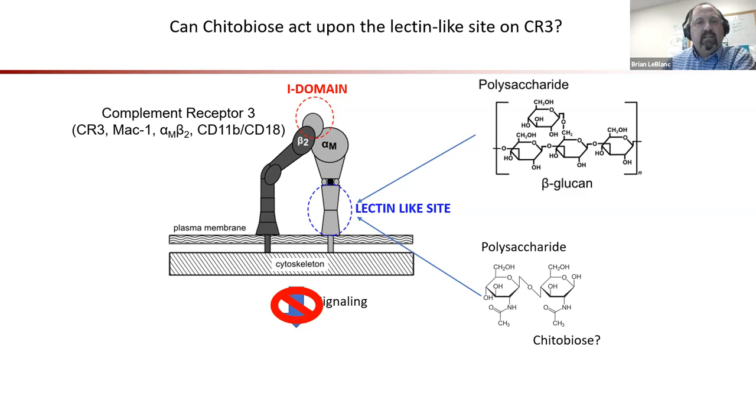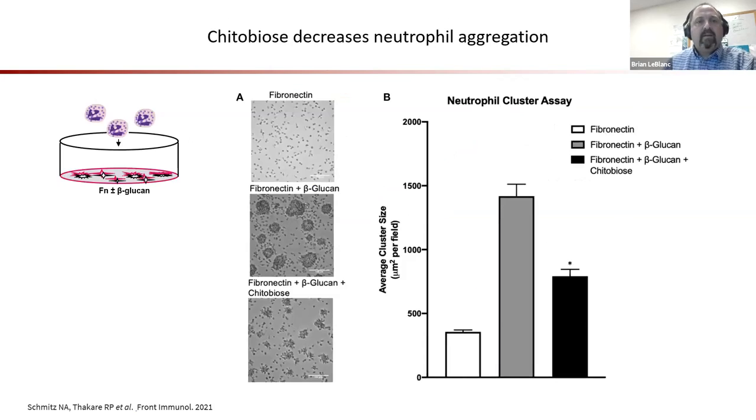So potentially, this chitobiose would have a way of interfering with normal binding of beta-glucan on CR3, affecting the neutrophil's response to a fungal infection. So one of the assays we have in my laboratory is a neutrophil clustering.